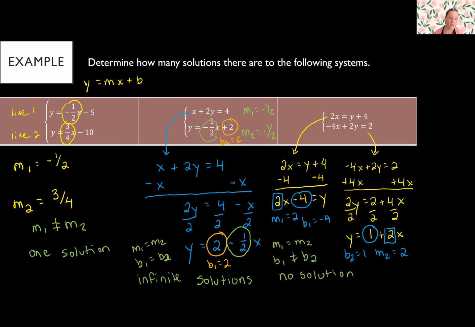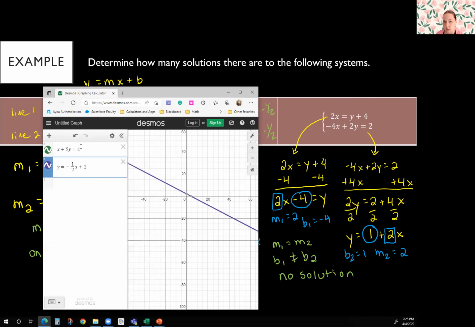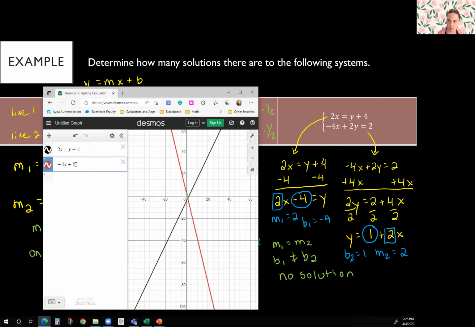And when we graph to check our answers, you're going to be graphing your original equations. The first one is 2x equals y plus 4. And then my second one is -4x plus 2y equals 2.